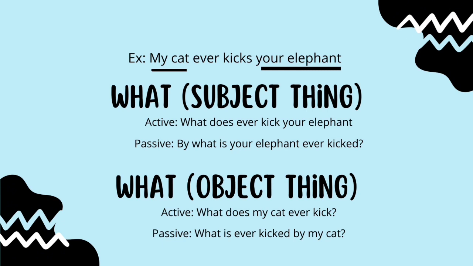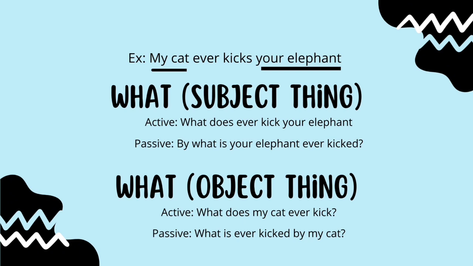In the previous part we talked about using what for predicate, and in this section we are going to talk about what in asking subject thing, and what in asking about object thing.